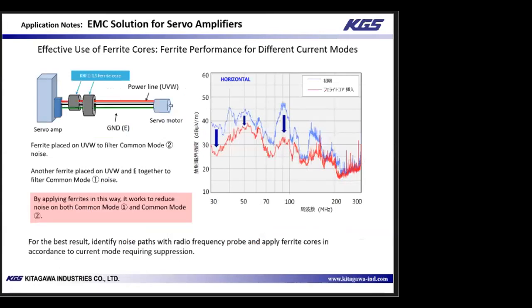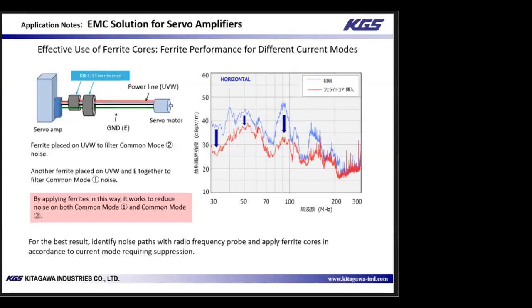In this instance, where there are two common mode currents occurring on the same motor power line, two ferrite cores are required to filter both noise currents. One ferrite is placed on the UVW line to filter common mode number 2 noise, and another ferrite is placed on the UVW and E lines together to filter common mode number 1 noise.